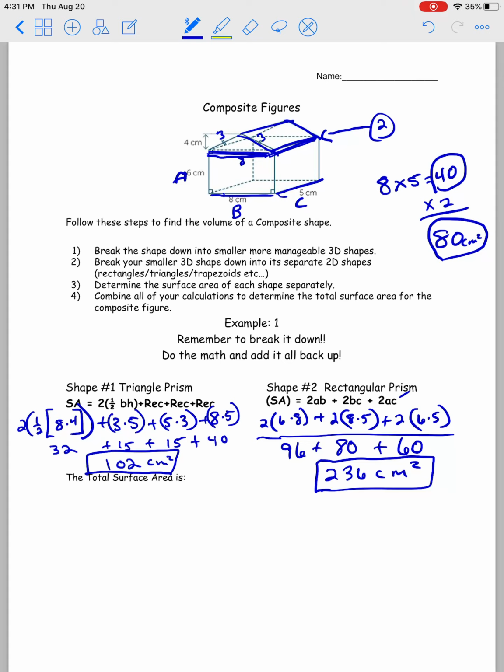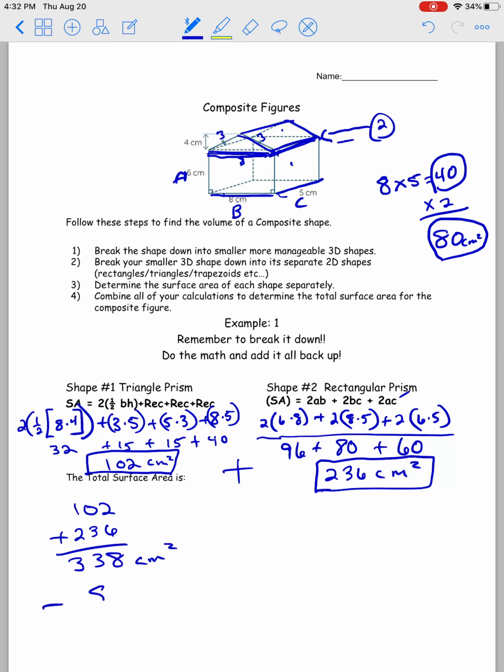First, we're going to add these together. So you have 102 plus 236. That's 338 centimeters squared. Now we need to take away this area here, the 2 bases where that object and that object meet.